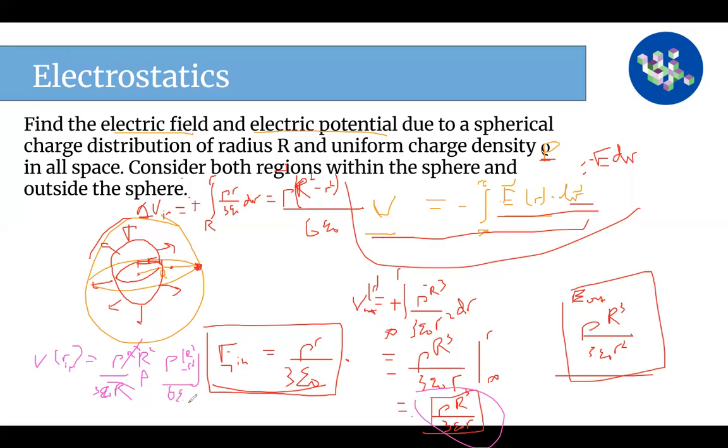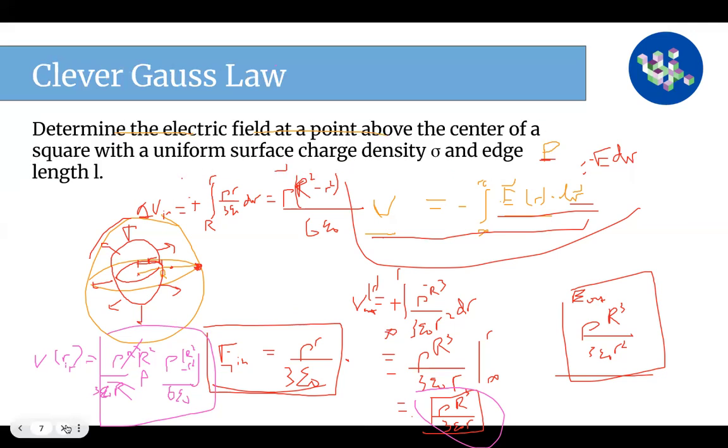And that'll be our final answer. It's a bit messy, sorry about that. But that will be our final answer for the voltage as a function of the distance from the sphere.